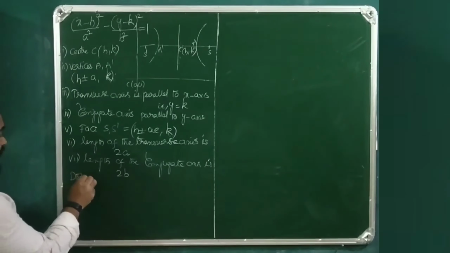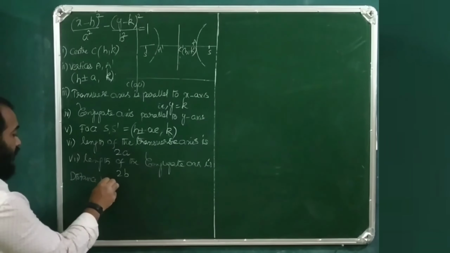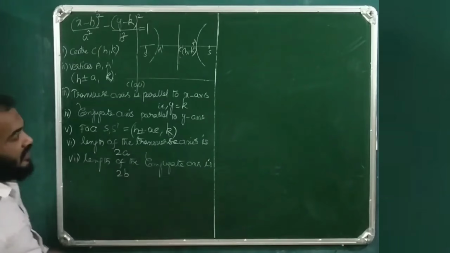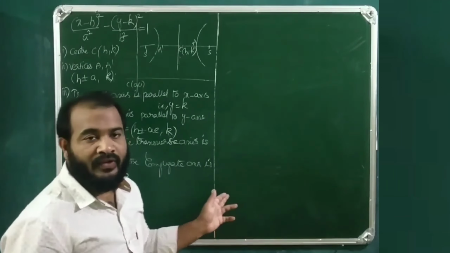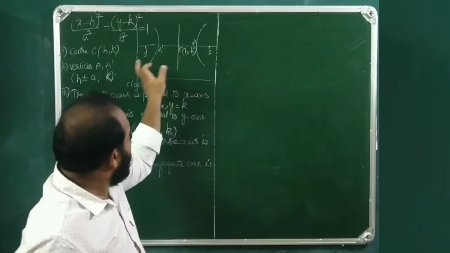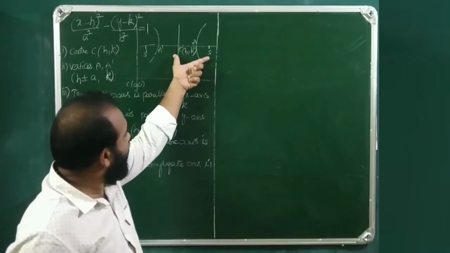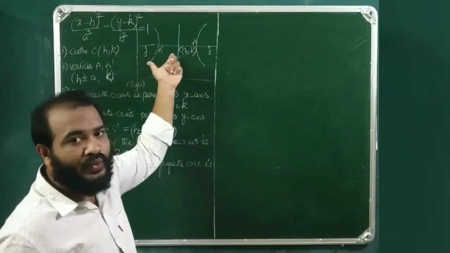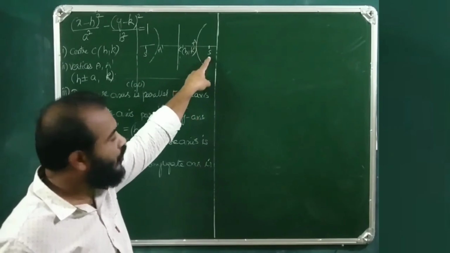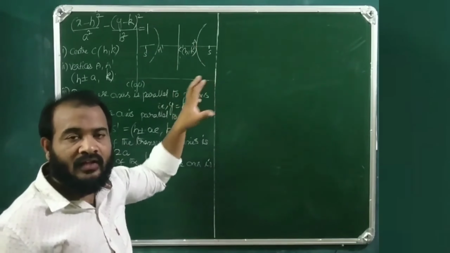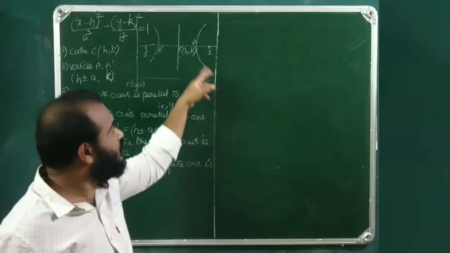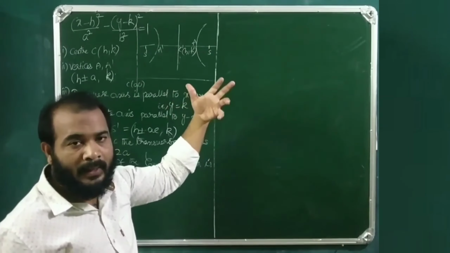Earlier the distance between the foci S and S dash is 2AE. Here also the distance or length is not going to be changed, so it is still 2AE.